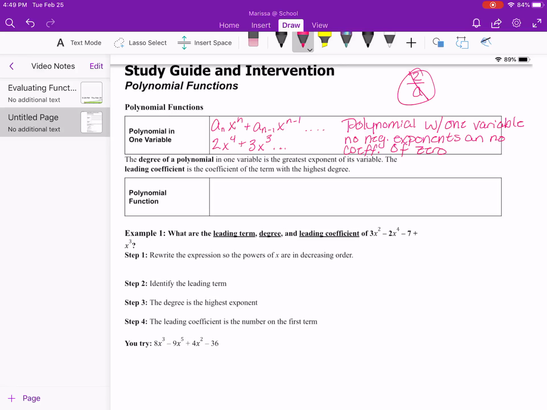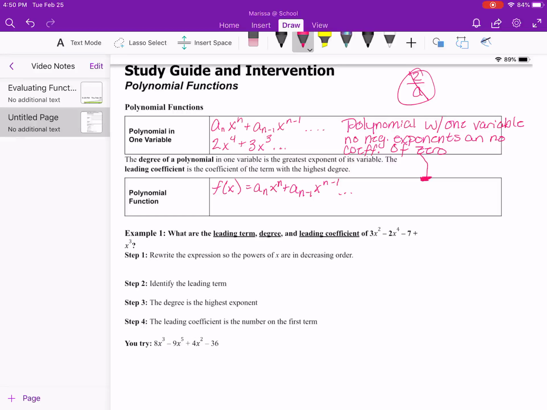So, polynomial function then is just adding in that I have f of x is equal to a sub n x to the n plus a sub n minus 1 x to the n minus 1, so on and so forth. This definition then is the same thing.